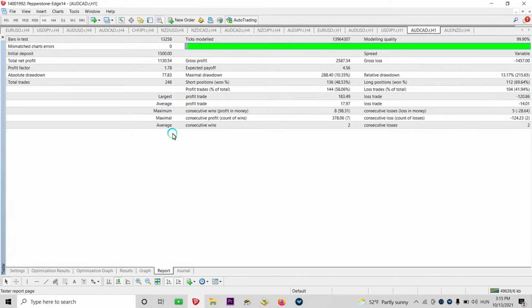And our average losing streak and winning streak are probably the same based on this backtest, but it can vary a little bit on the other pairs. But what I really like is that our maximal winning streak is much larger than our maximal losing streak, and I like that in an EA. So yeah, these are the stats.